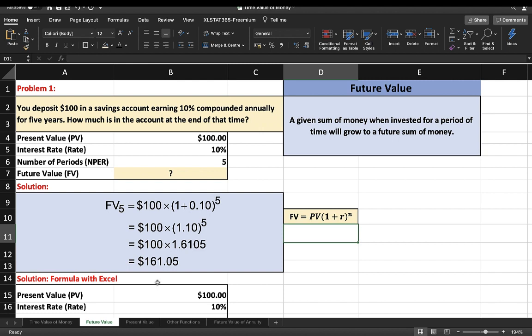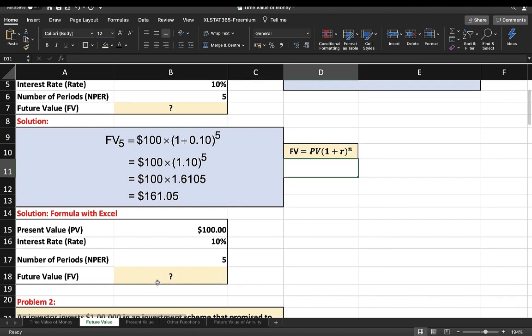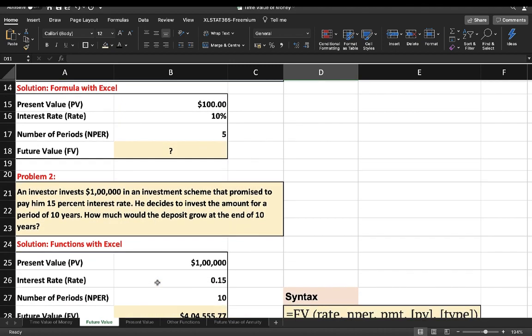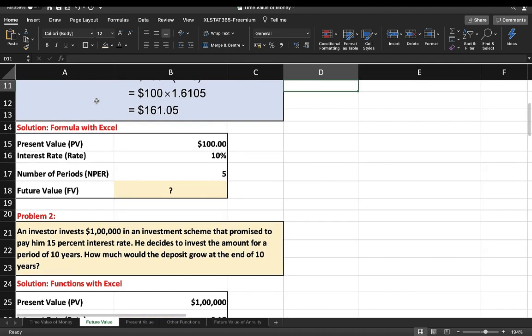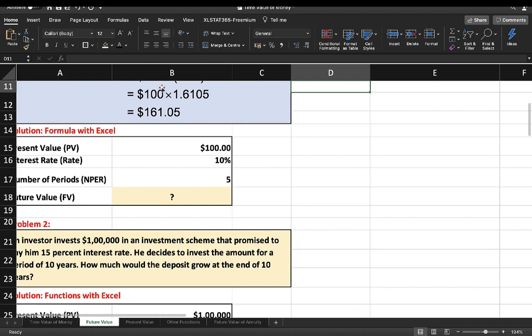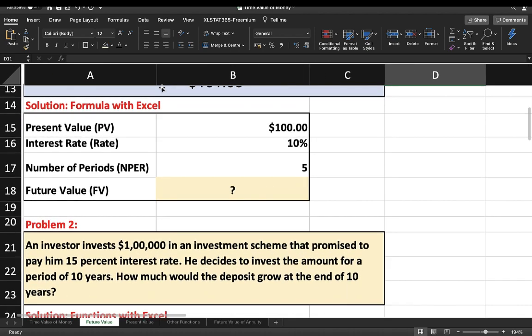Excel spreadsheets make time value calculations simple and easy, and also lay the foundation for advanced financial modeling. Here I'll show you how to solve this problem with the help of an Excel formula and also an Excel function. First, I'll show the Excel formula.